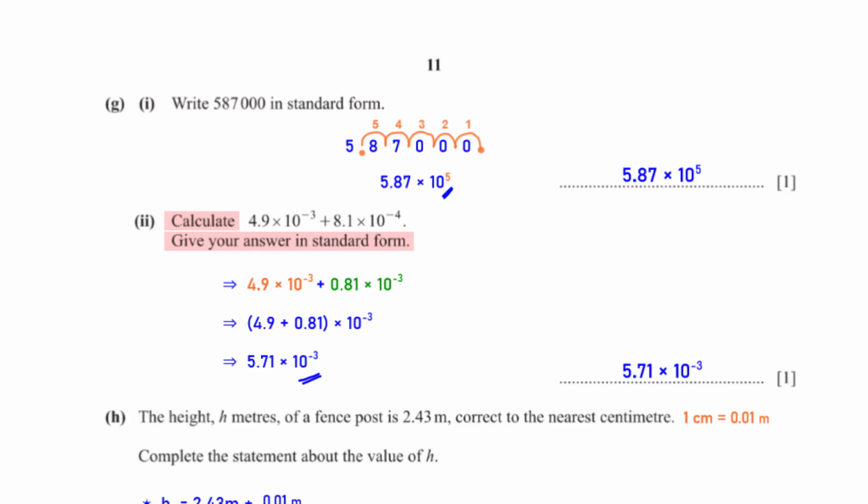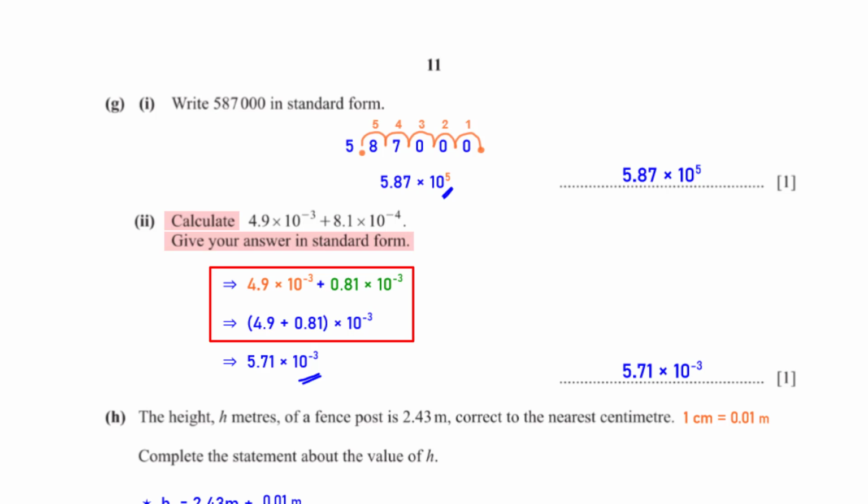To do this, we multiply 10 raised to the power -4 by 10, which gives us 10 raised to the power -3. Then we divide 8.1 by 10 to balance the expression. This gives us 0.81. Now we can rewrite this as 4.9 plus 0.81 times 10 raised to the power -3.